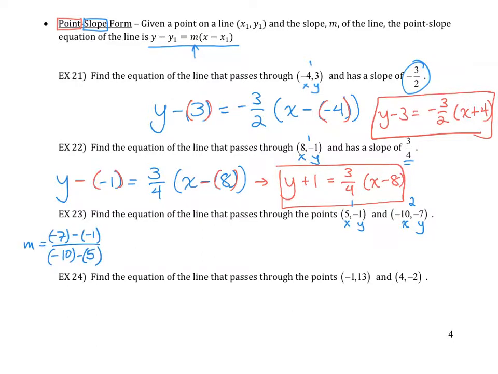So here it comes back, y2 minus y1 in the numerator, x2 minus x1 in the denominator. And in the numerator, when you combine those, negative 7 minus negative 1, you're adding the 1, that becomes a negative 6. In the denominator, you get negative 15. So your slope here is 2/5.